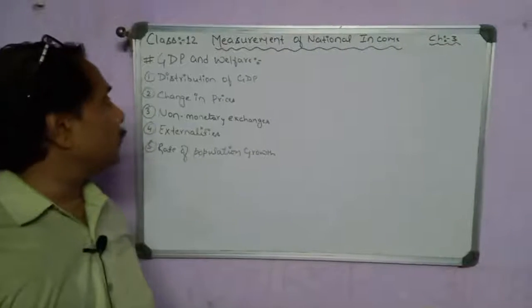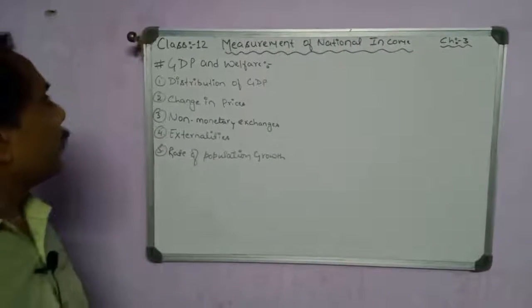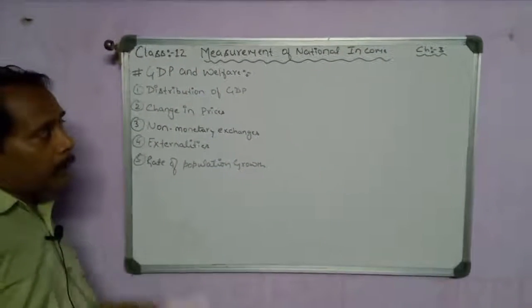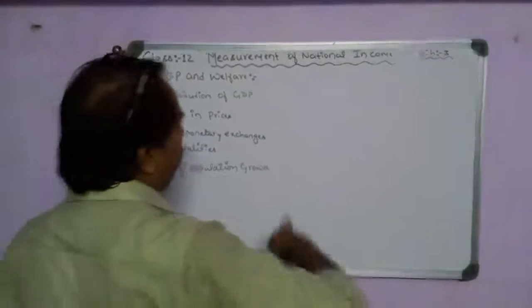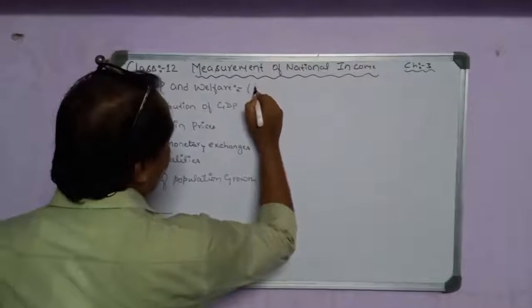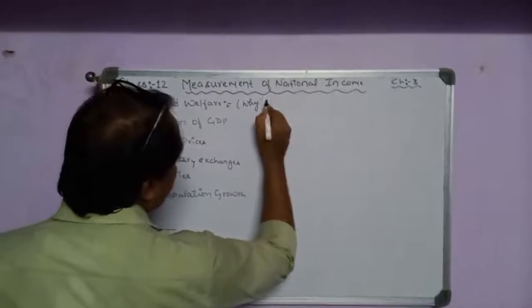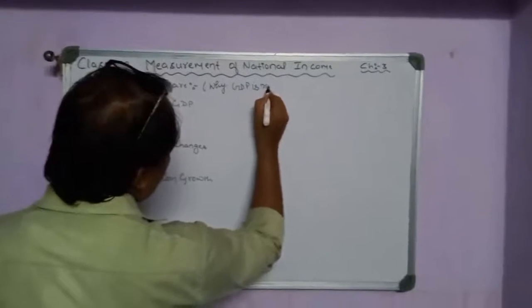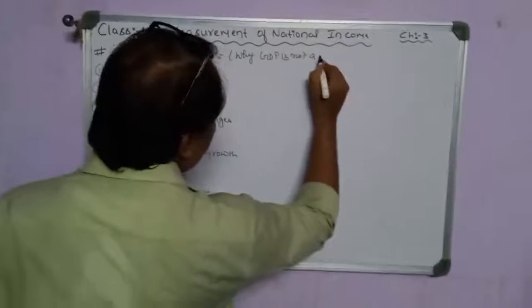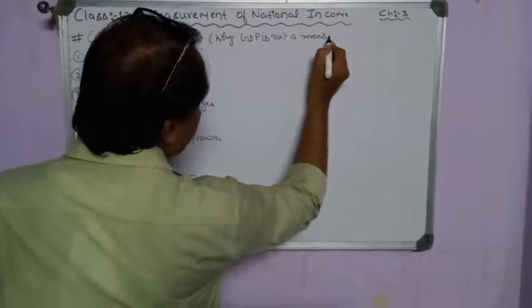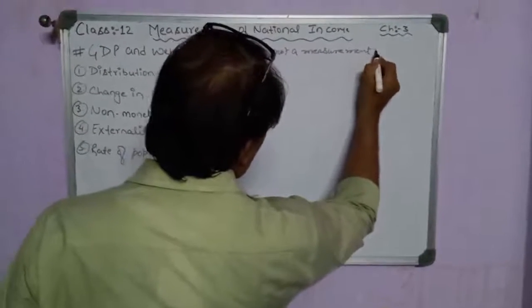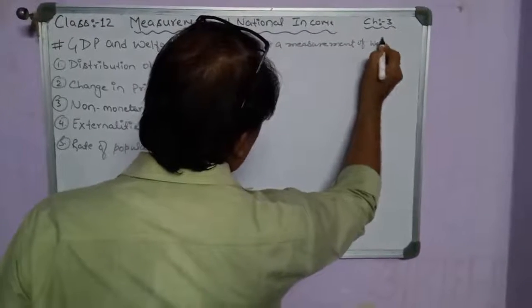Now there is a new topic known as GDP and welfare. In other words, we can say: why GDP is not a good measurement of welfare.